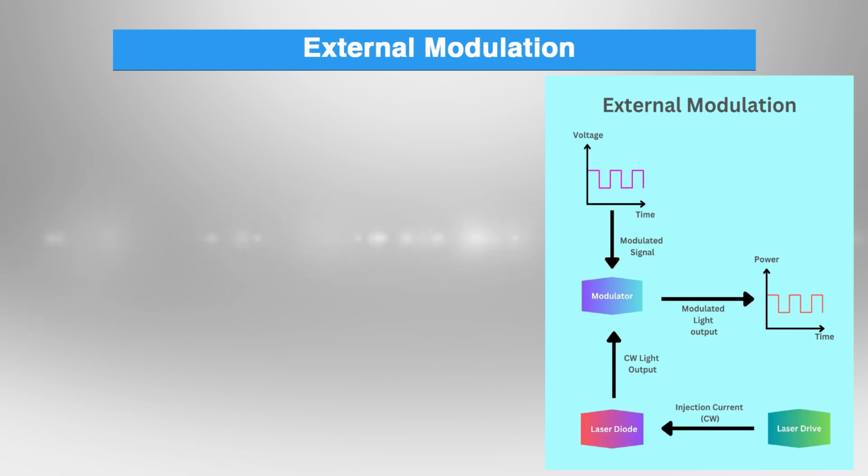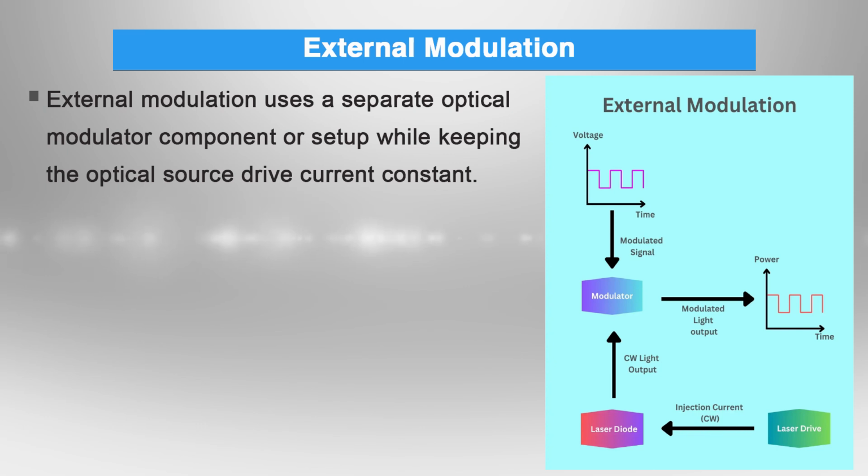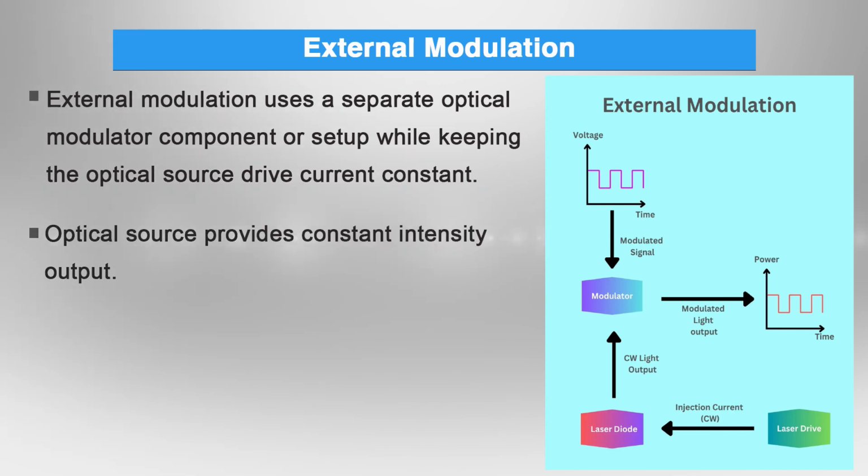Second type of modulation is external modulation. External modulation uses a separate optical modulator, components or setups while keeping the optical source drive current constant. The optical source provides constant intensity output.